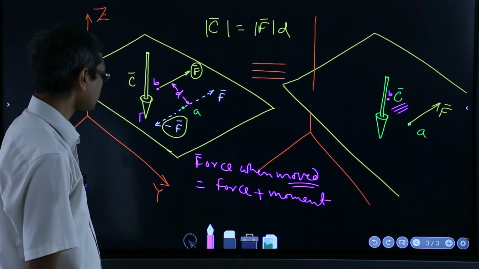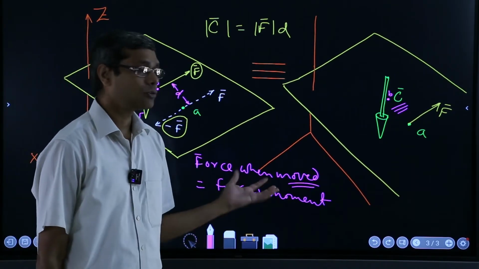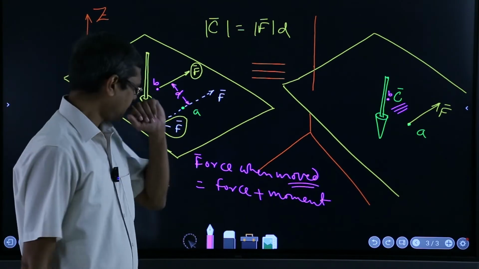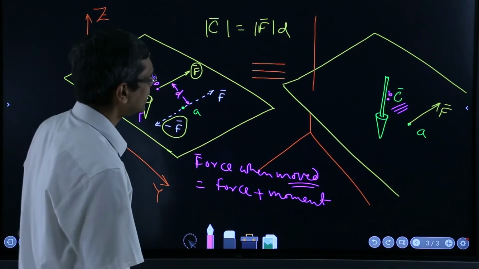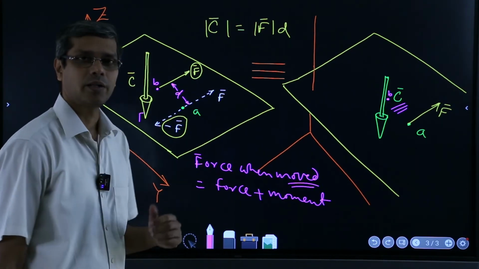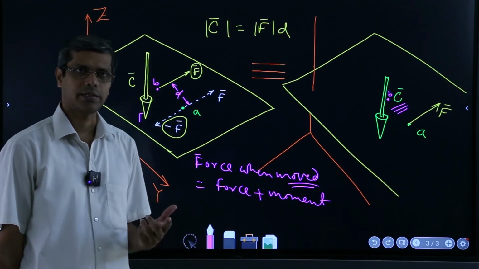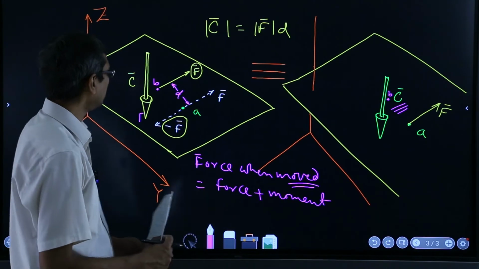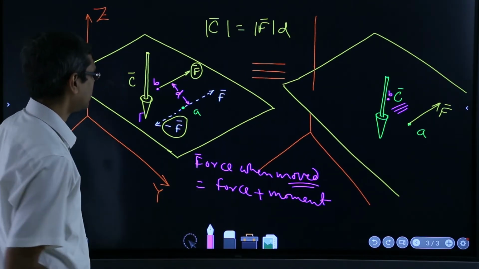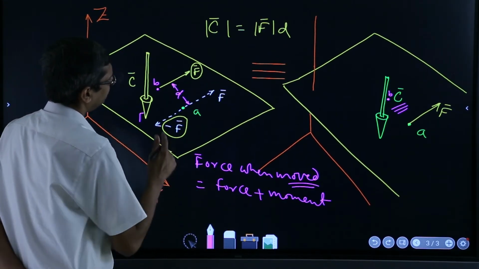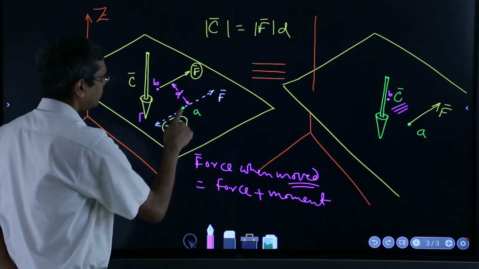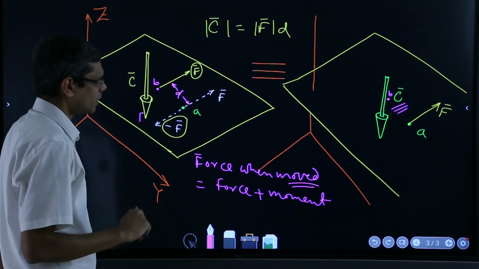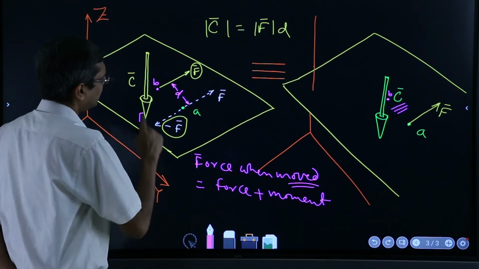Now, this will be quite useful. Here I want to make some point. Some students feel comfortable in another interpretation of this result, and that is they say that there was a force, and now there is a point which I am interested in.